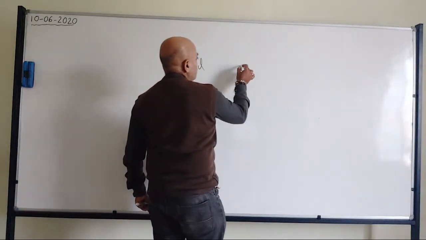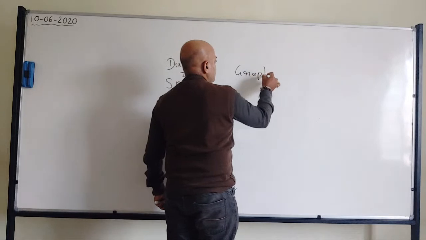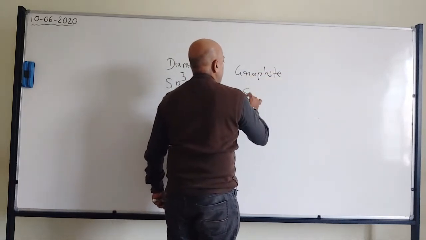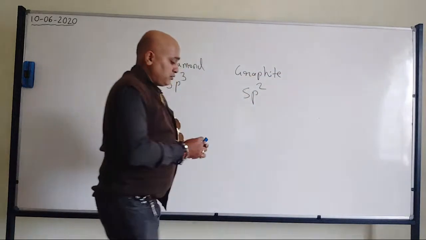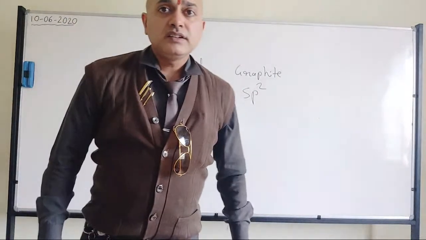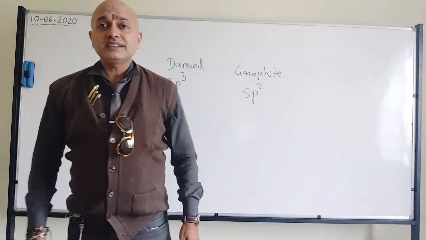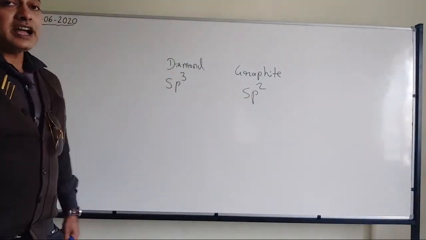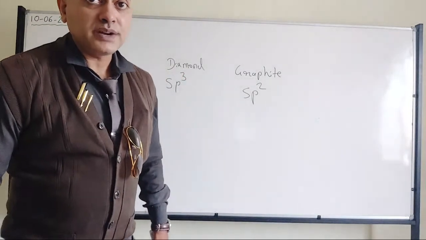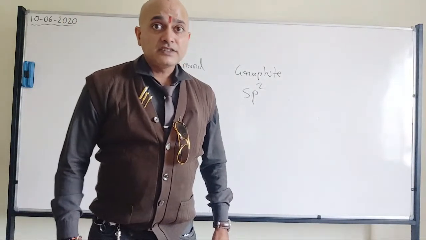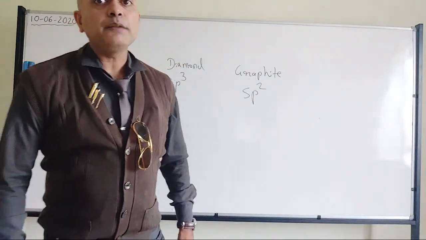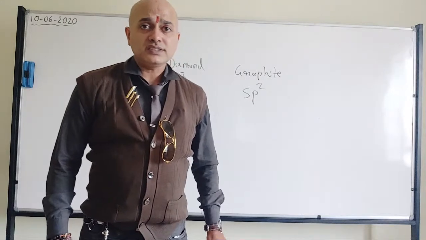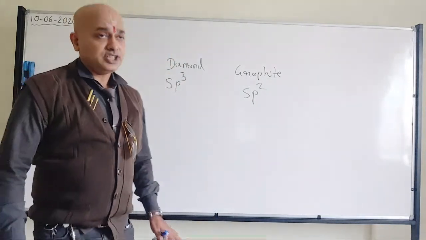But when it comes to graphite, due to the sp2 hybridization. So it will be a conductor of electricity and it will be a soft material. But when it comes to diamond, it is hardest material, right? So everything is due to its hybridization. Major cause is due to the hybridization.